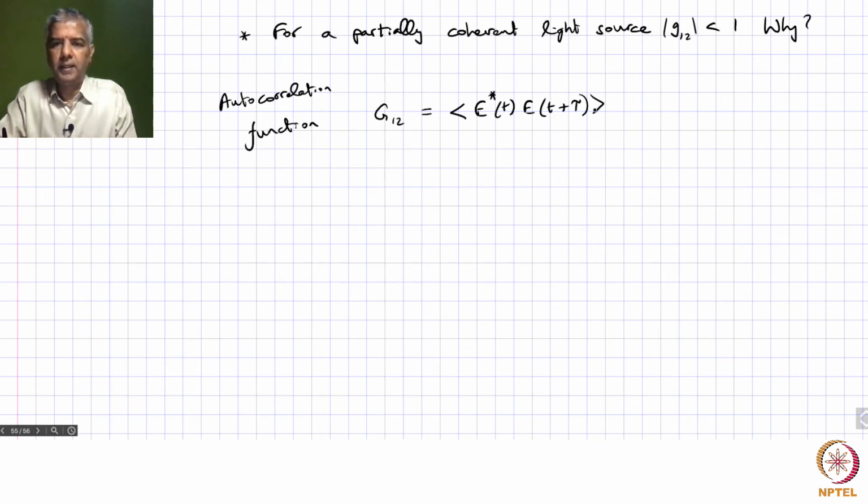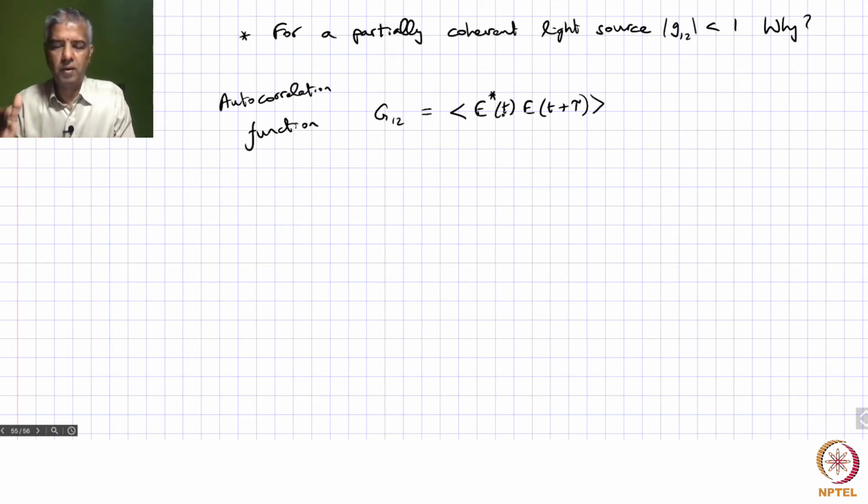Okay. And of course, when we talk about E of t, it is a time varying function. So, it basically corresponds to e power j omega t, or E conjugate corresponds to e power minus j omega t, whereas the second term has e power j omega t multiplied by e power j omega tau, right.